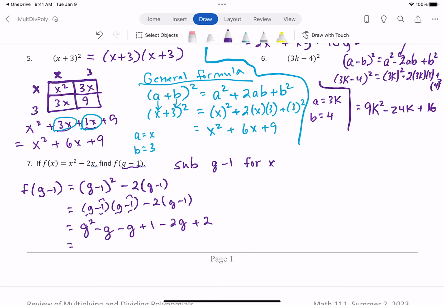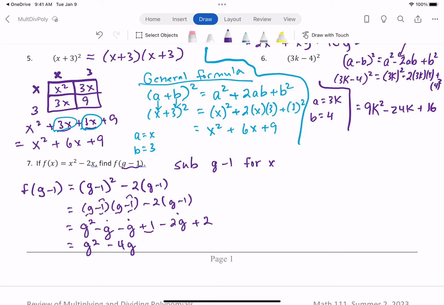Now all we need to do is collect like terms. So we only have one g squared term. There are 3 terms that have g to the first. So we have negative 1g and negative 1g, that's negative 2g, and another negative 2g, that's going to make negative 4g.